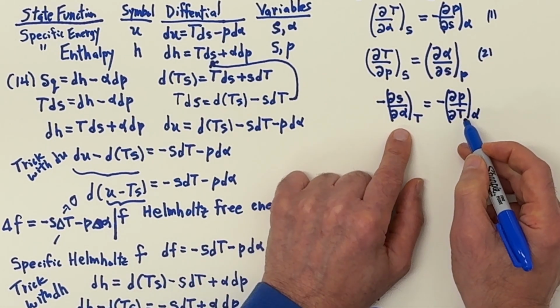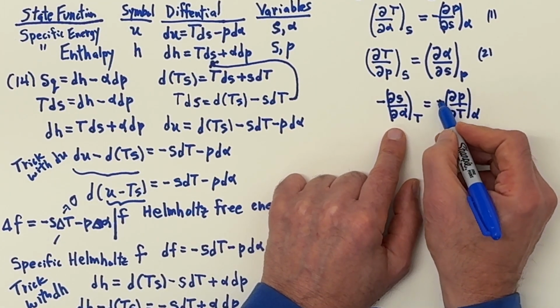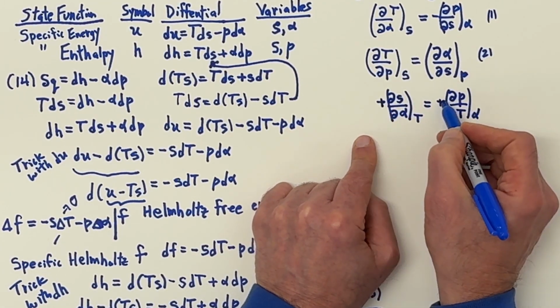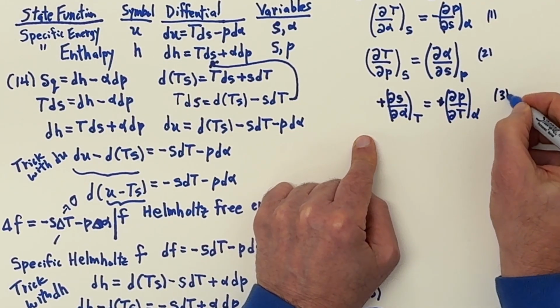So we have this equation. And with this equation, we can simply make these plus signs since there's a minus sign on either side of the equation. And that's the third Maxwell relation that we're looking at.